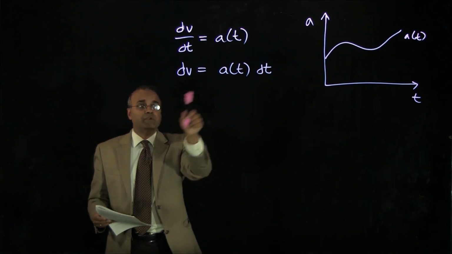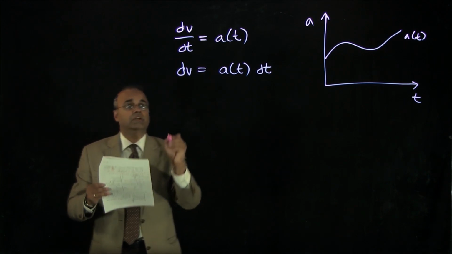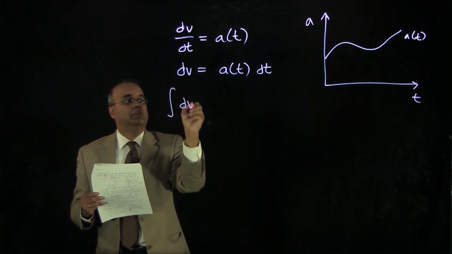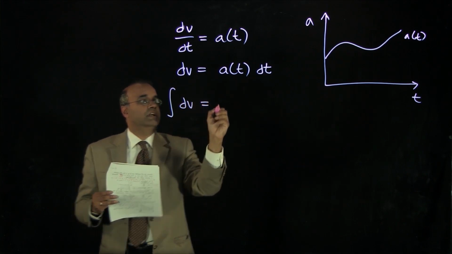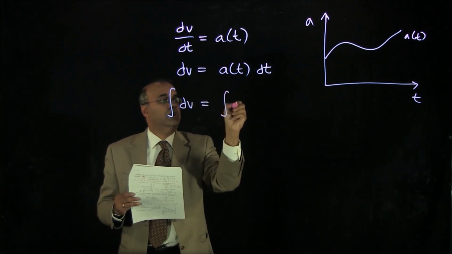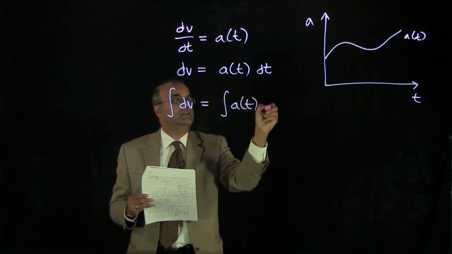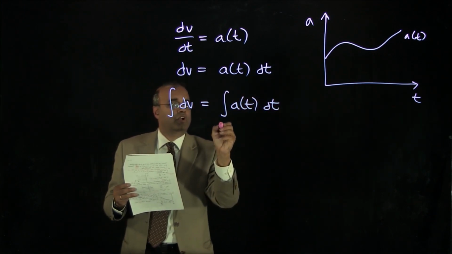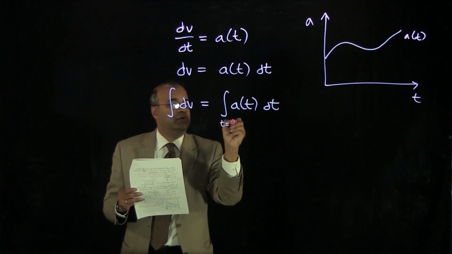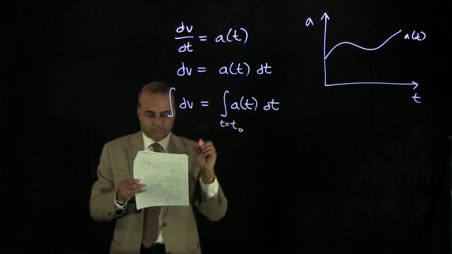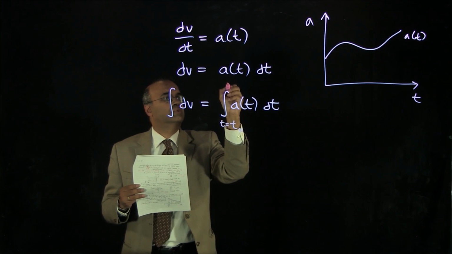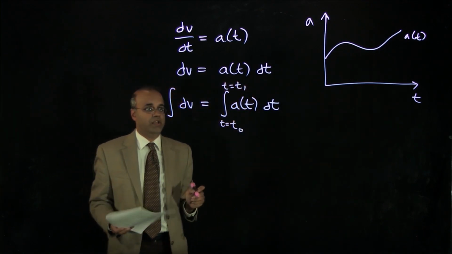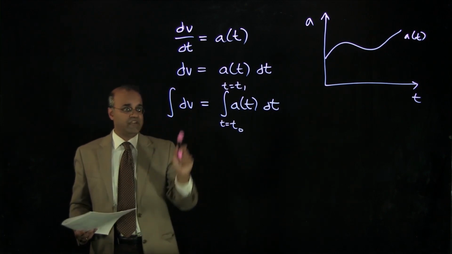And so then I can integrate both sides of this equation by writing the integral over dv is equal to the integral of the acceleration a of t dt. And I can go from time equals some initial time t naught to time equal to some later time t sub 1 on the right-hand side to make a definite integral.